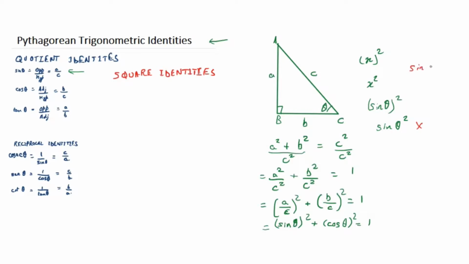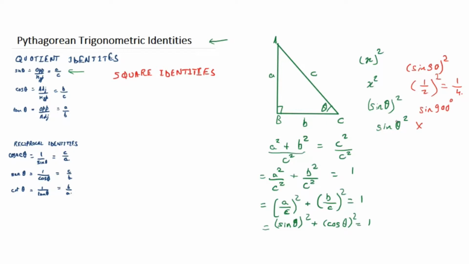If I take an example, sine 30 is 1 over 2, and if I take the square of that, it's going to be 1 over 4. So (sine 30) whole square gives me 1 upon 4. But if I square the angle, it becomes sine of 900 degrees, which gives a wrong answer.